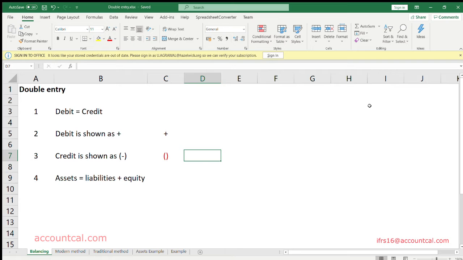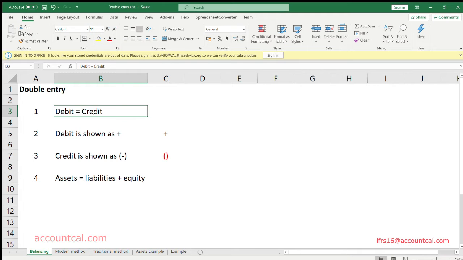So any business transaction which has to be recorded in accounts, you have debits and credits. So double entry has four starting rules. One is debit and credit has to be equal. Any accounting transaction double entry will have one side debit and another side credit.